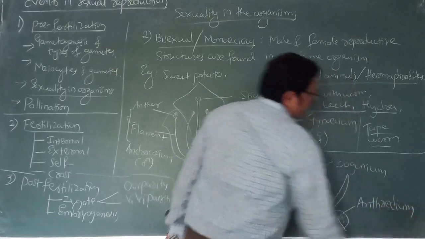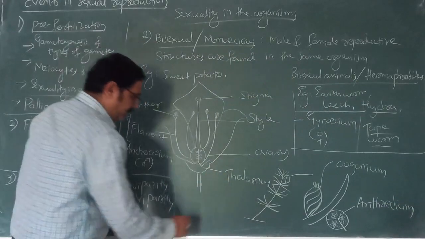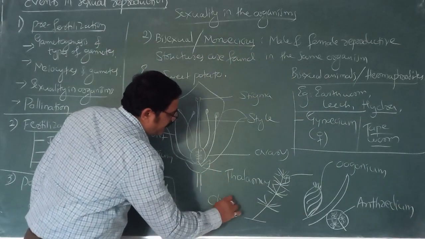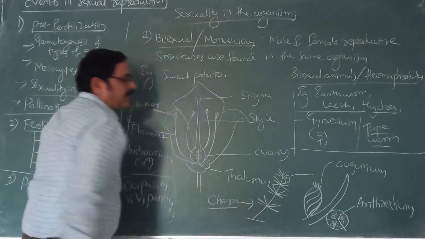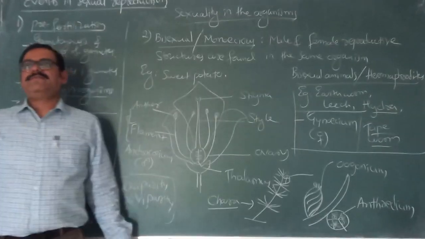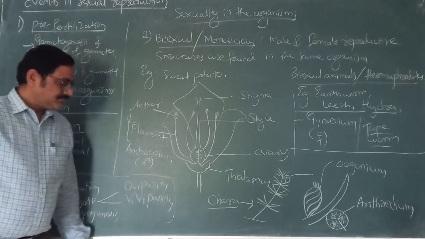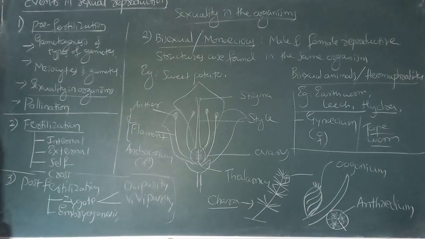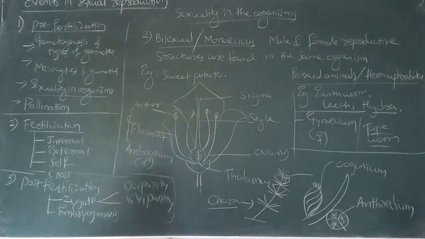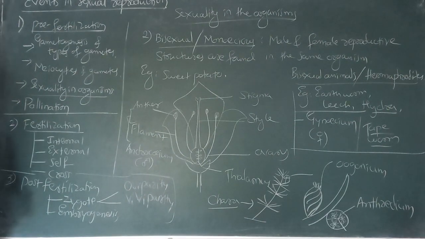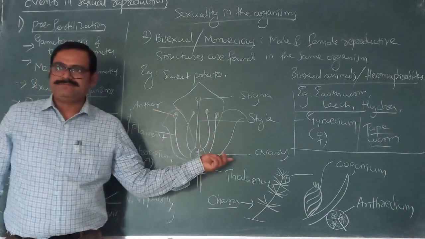This is the plant chlorophyte chara, the green algae found in water. This is about the second term, bisexuality, that we have studied. Now, there are a number of other terminologies. I hope you have noted down all these points.